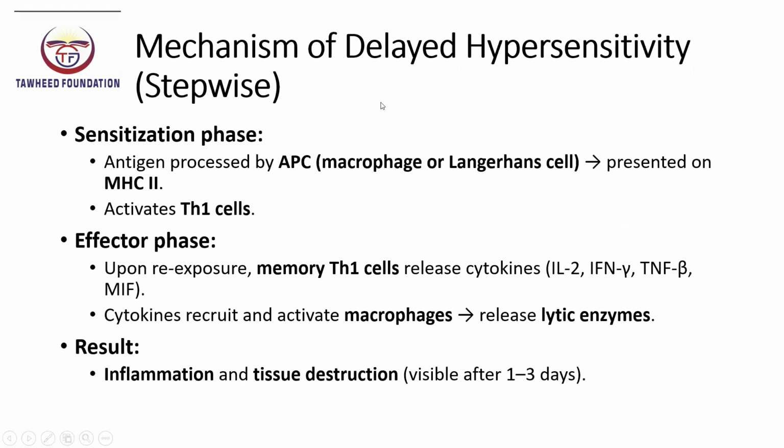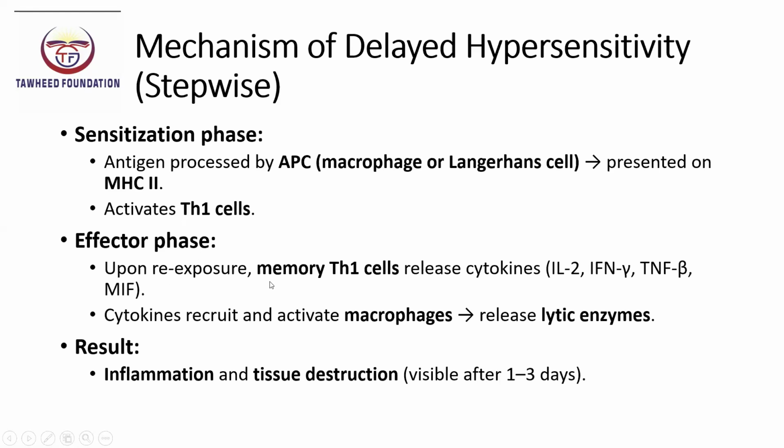Next is mechanism of delayed hypersensitivity. The mechanism occurs in two phases, that is sensitization and effector. Sensitization phase: when an antigen first enters the body, it is processed by antigen presenting cells, that is APCs, such as macrophages or Langerhans cells. These APCs present the antigen on MHC2 molecules to naive Th1 cells, which become activated and form memory cells.